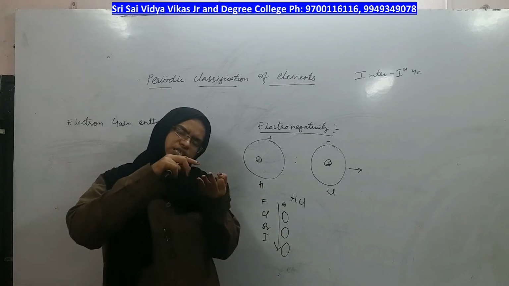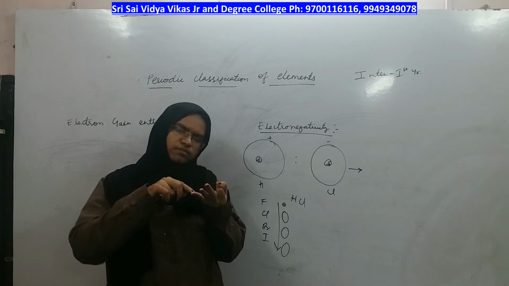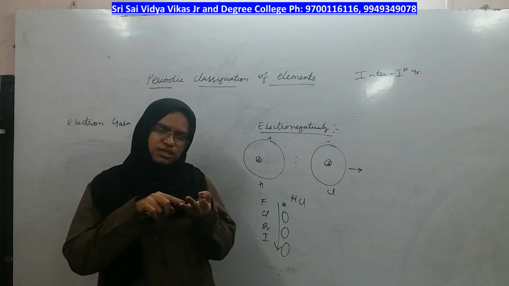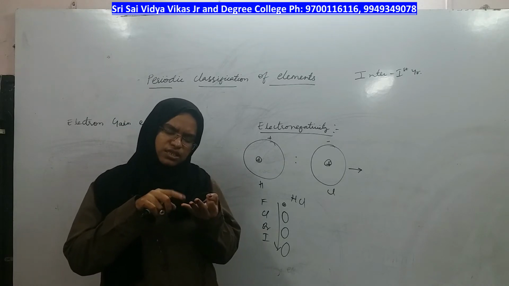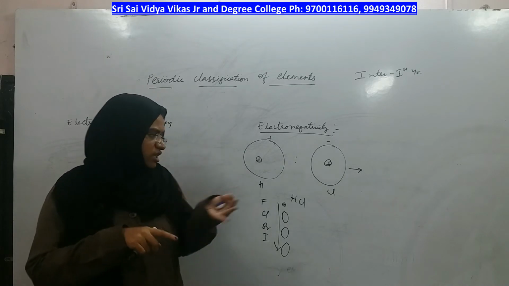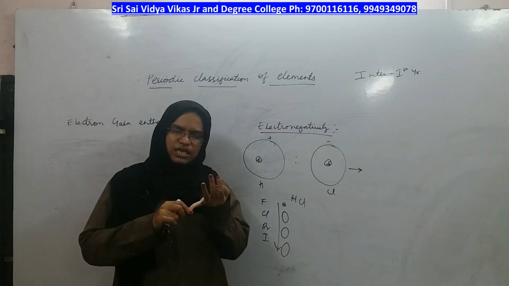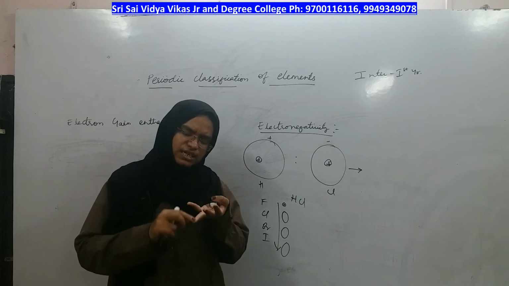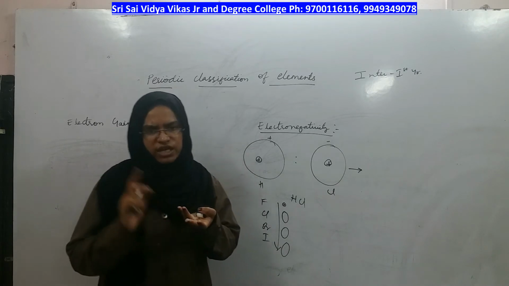On which property does the charge of the nucleus depend? On atomic radius. If atomic radius is more, charge will be less; if atomic radius is less, charge will be more. So atomic radius decides the charge of the nucleus, which in turn decides the electronegativity of the atom.